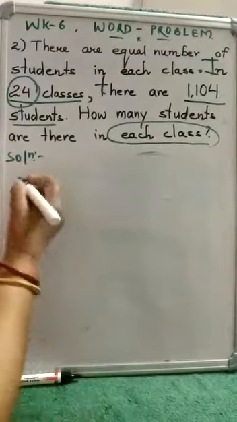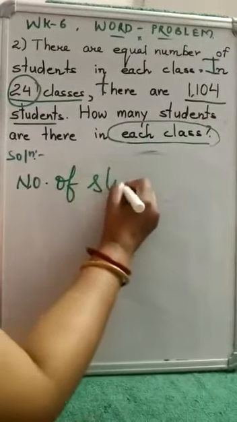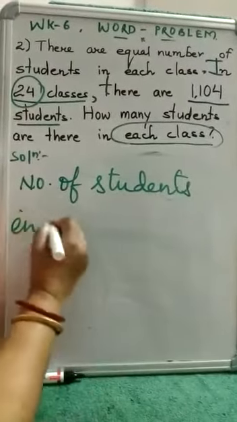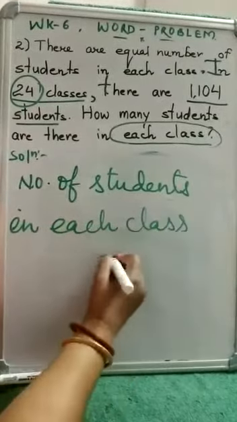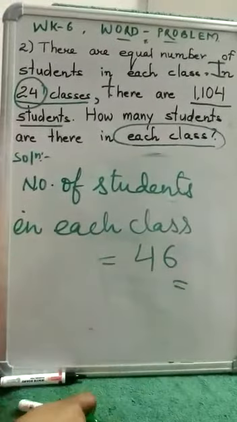So the number of students in each class is what? 46. This is the answer.